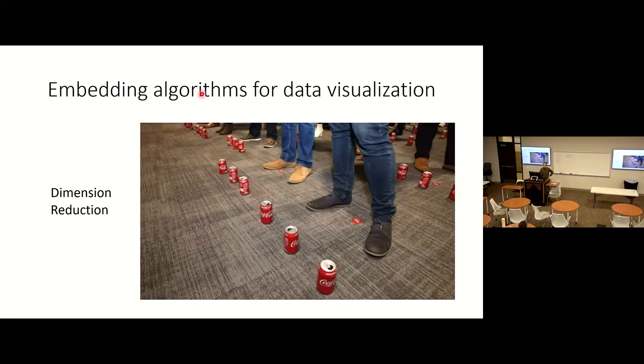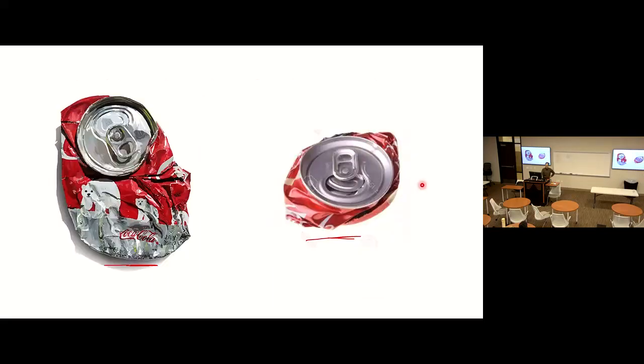So this is an example of reducing the dimension of a 3D object to 2D. You can step on this Coke can, and depending on how you process the data, you can get different representations when the 3D is reduced to 2D.